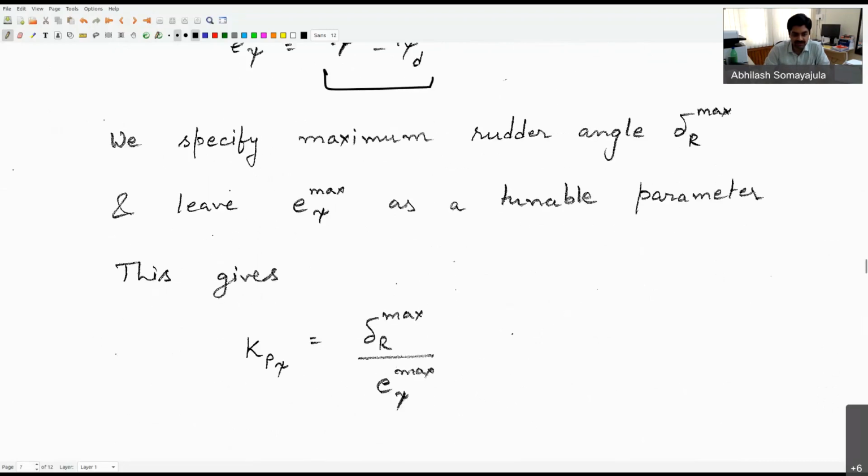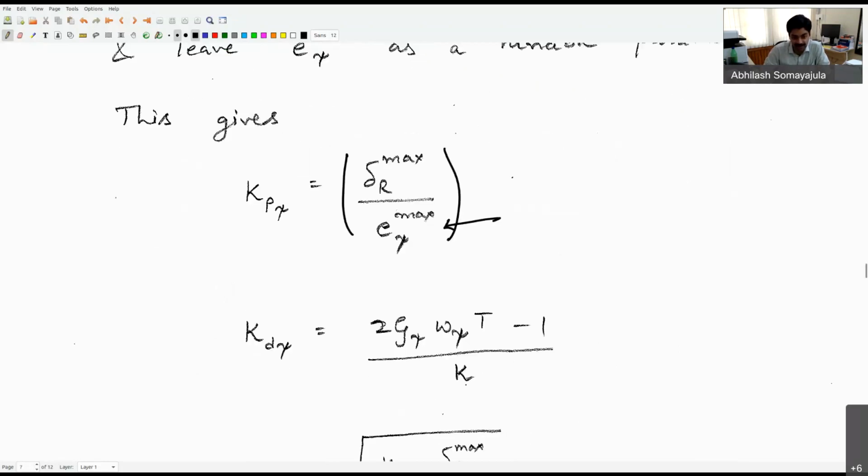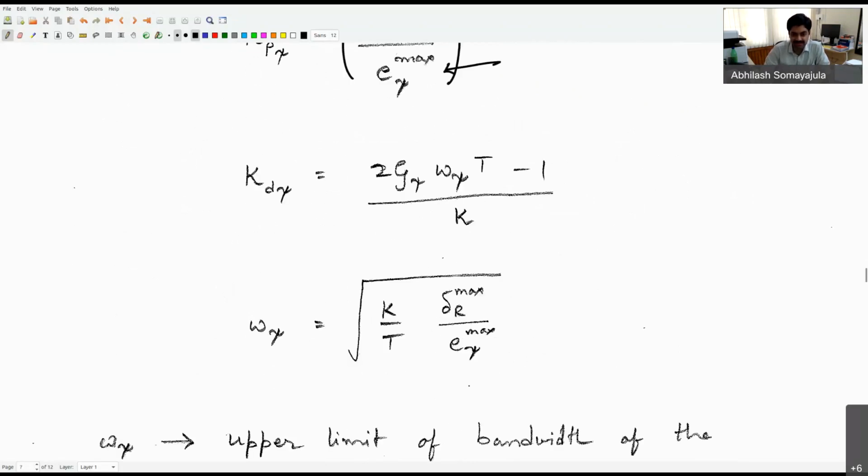Now, if we specify the maximum rudder angle and leave e psi max as a tunable parameter, this gives us our proportional gain in terms of e psi max. Then, applying the same process as before, you will see approximately the same formulas as what we saw before.